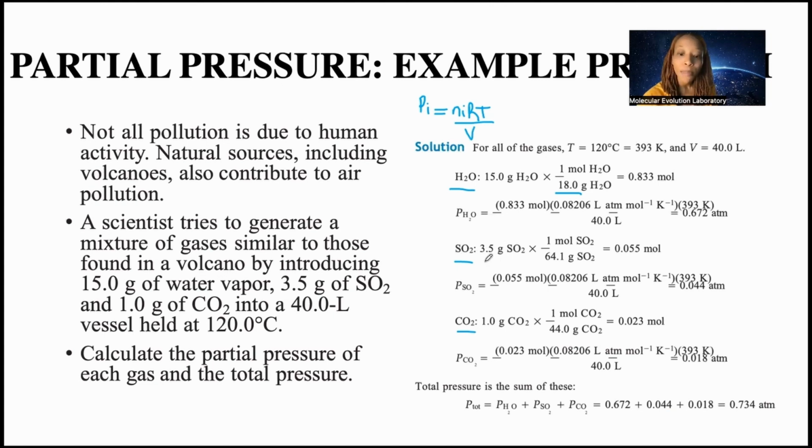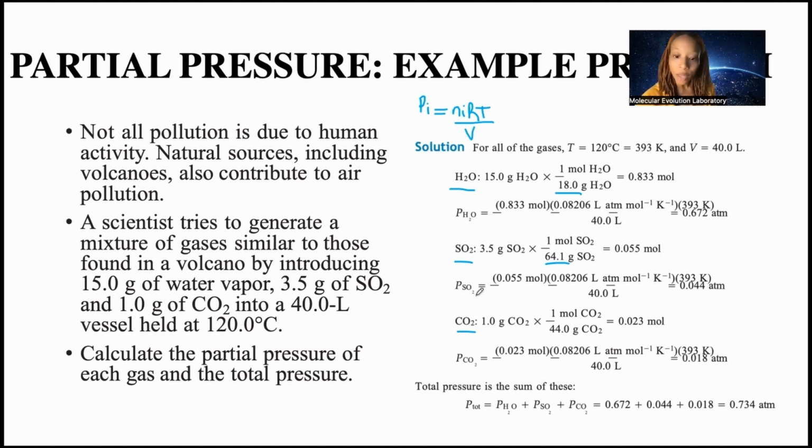We're given 3.5 grams of sulfur dioxide, and recall from our last lecture that the atomic mass of sulfur is 32. Oxygen we already know is 16, so 32 plus 16 times 2 gives us 64 grams per mole of sulfur dioxide. 3.5 grams of sulfur dioxide times 1 mole of sulfur dioxide divided by 64.1 grams of sulfur dioxide gives us 0.055 mole.